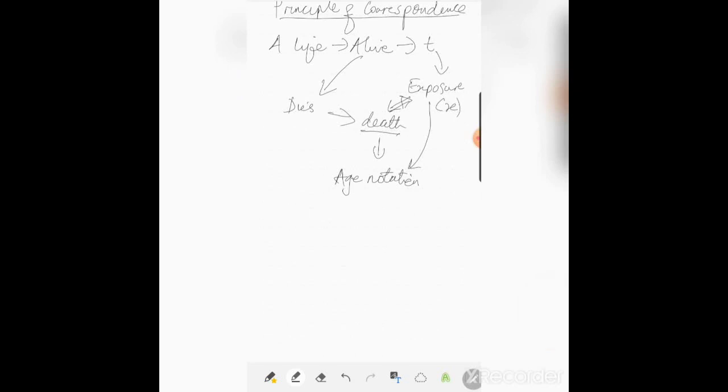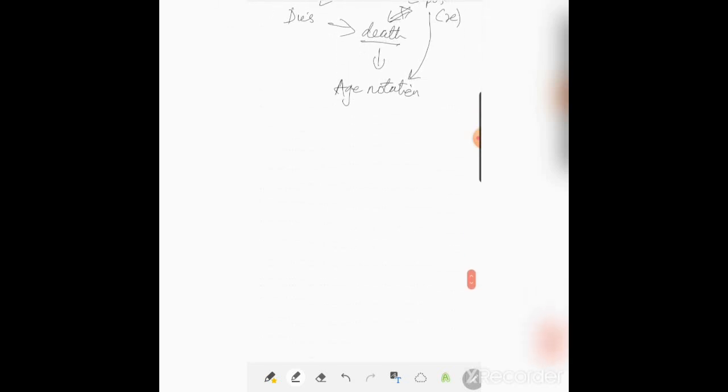Now, whenever we are looking at the calculations relating to the central exposed to risk, this is where the crux of this chapter is. What is the calculation that is going on with respect to central exposed to risk?